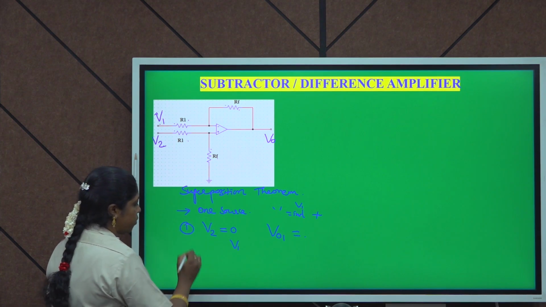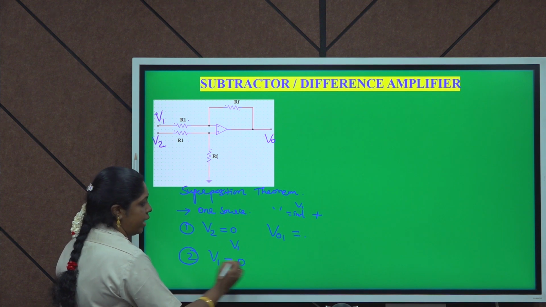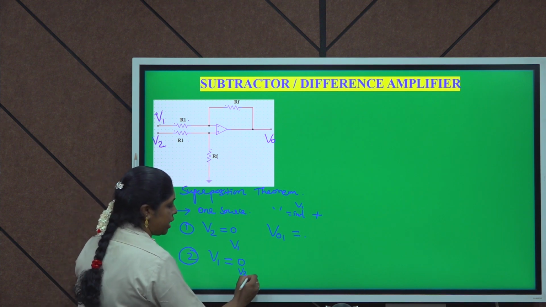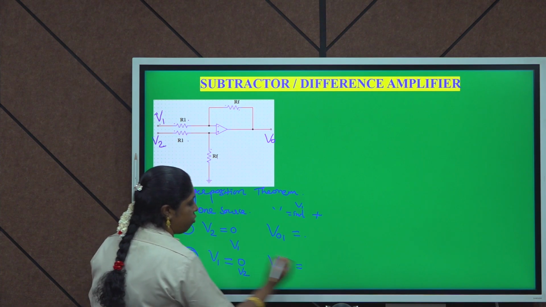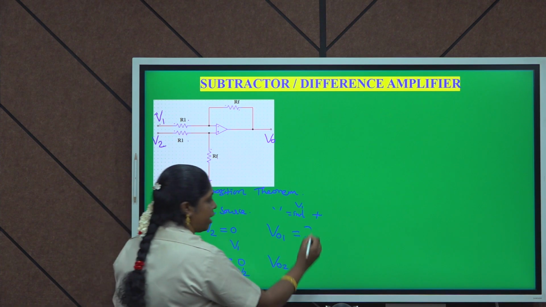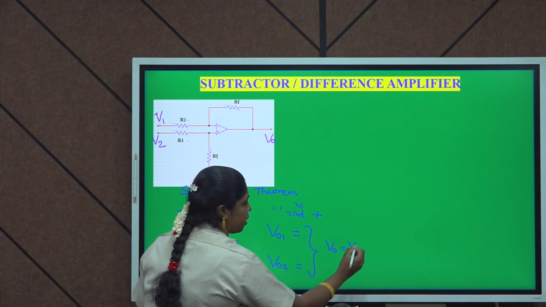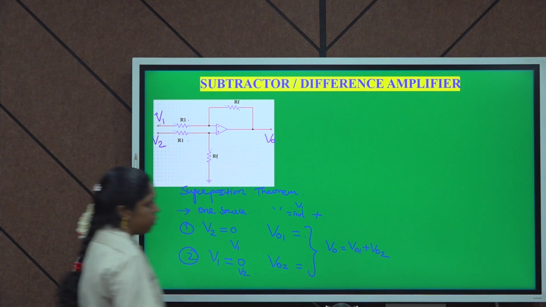Second condition, we will consider the V1 voltage is made 0. By considering the V2 voltage, we will find the output voltage V0 of 2. Finally, to find the output voltage V0, we will sum V0 of 1 plus V0 of 2.